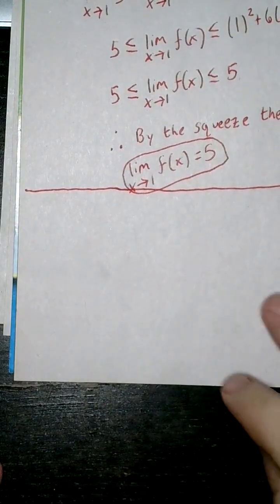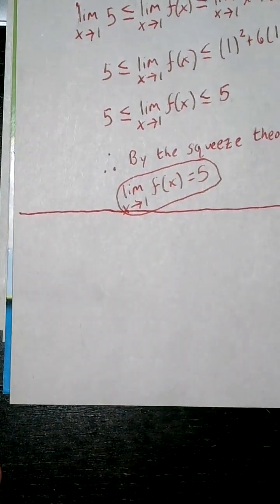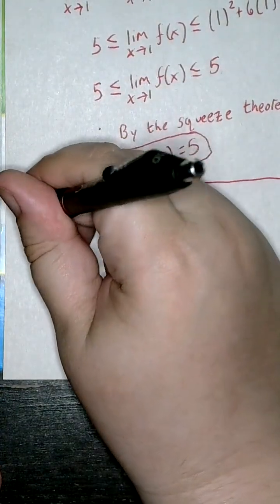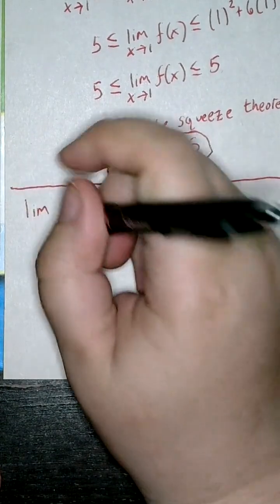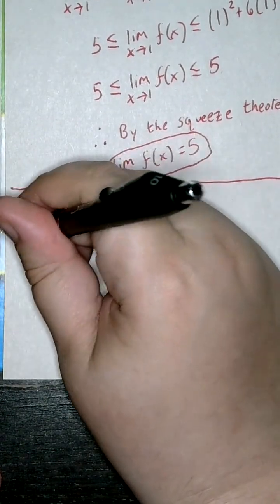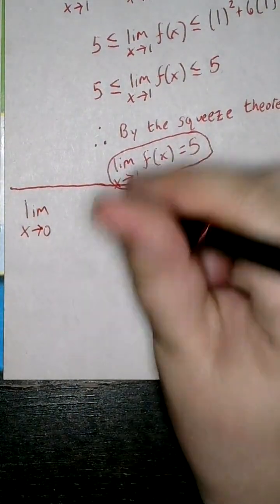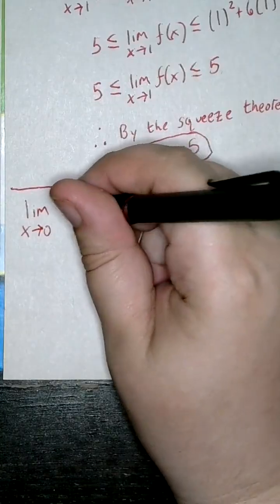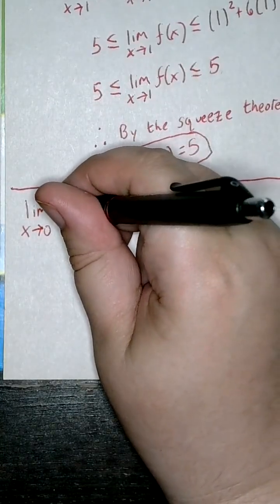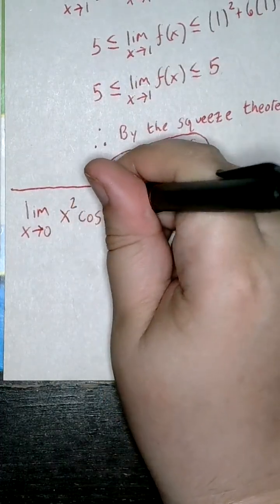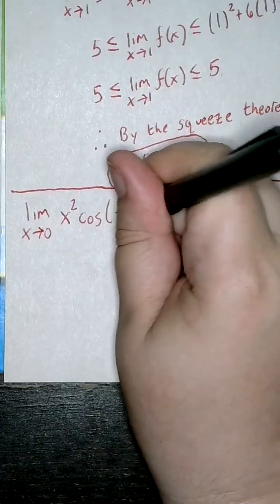So, let's go ahead and do another one. Let's take the limit as x approaches 0 of the following. So I have x squared times cosine of 5 over x.